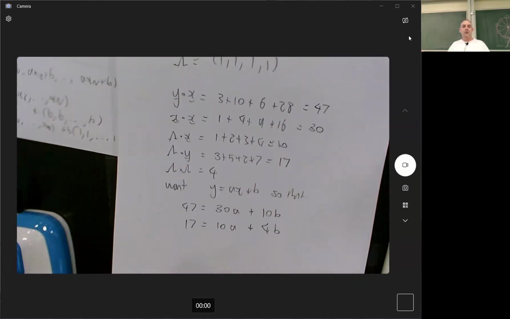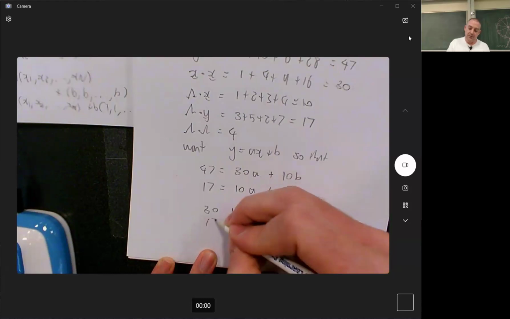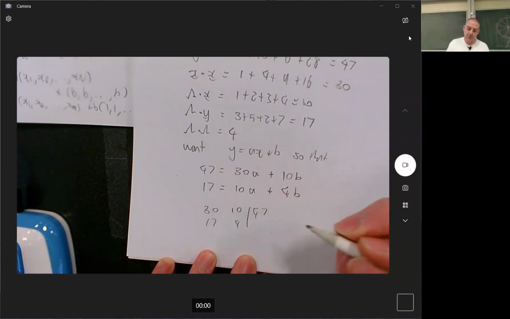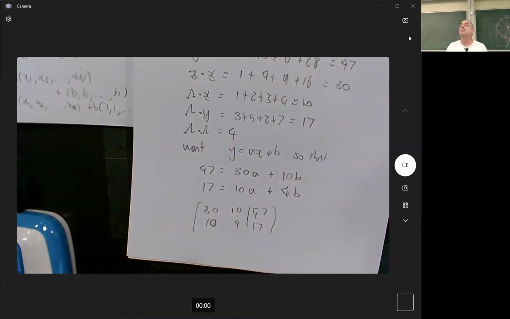And now I have 2 equations and 2 unknowns. Should totally be possible to figure out what a and b are, theoretically. So, 30, 10, 47, 10, 4, 17. And I have to solve that. Not a fan, honestly. I can do it.